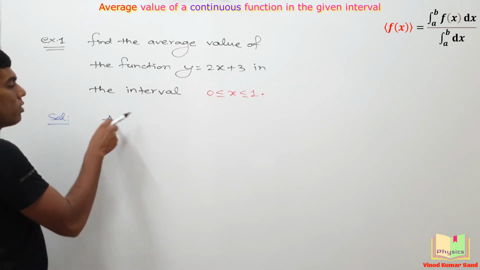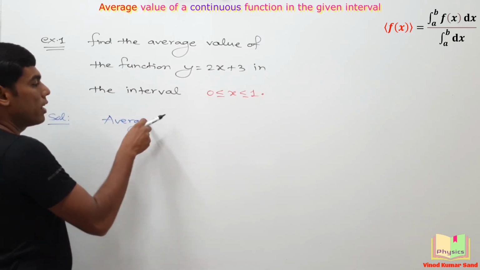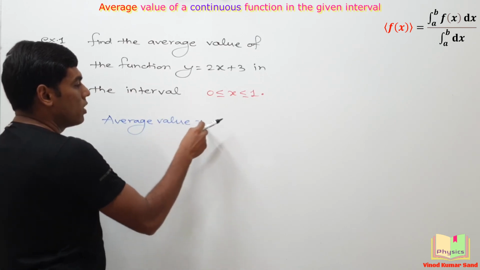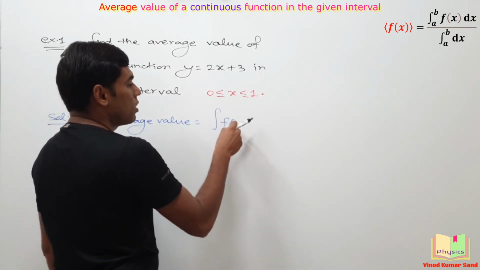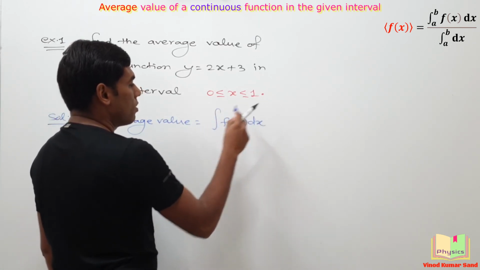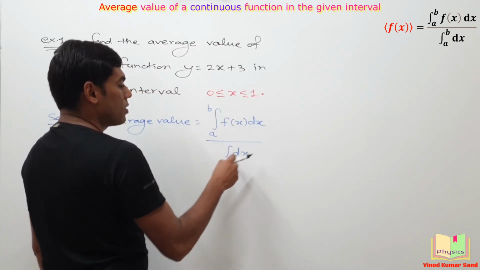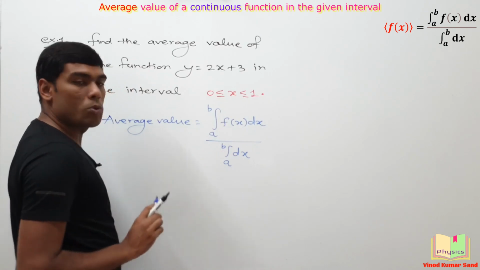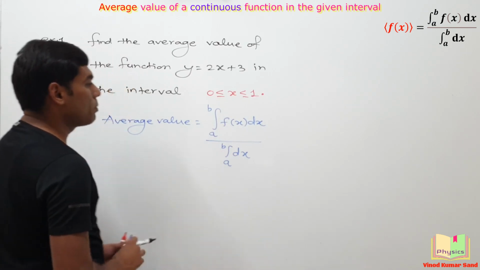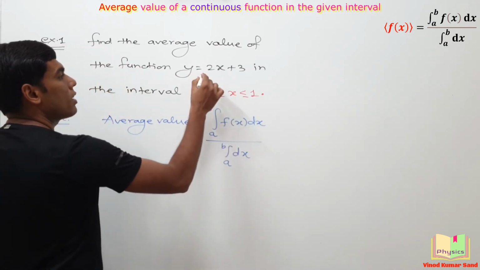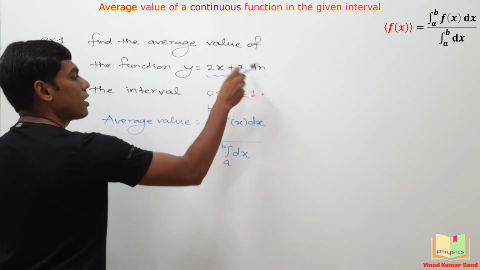We know that formula of the average value is equal to integration f(x) dx from the limit a to b divided by integration dx from a to b. Do you agree? Now putting up the values, the function here is 2x plus 3.